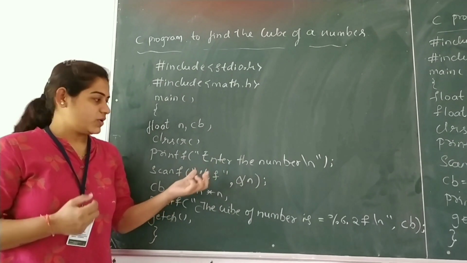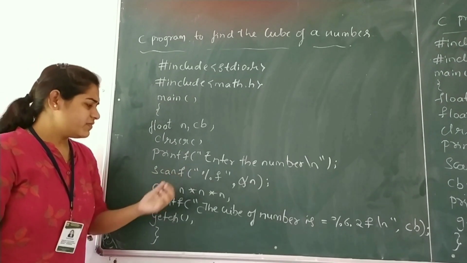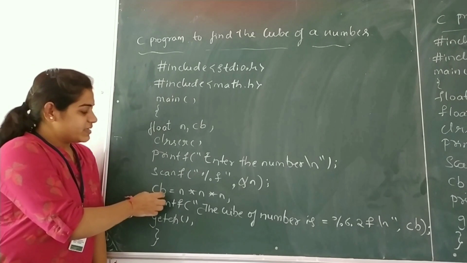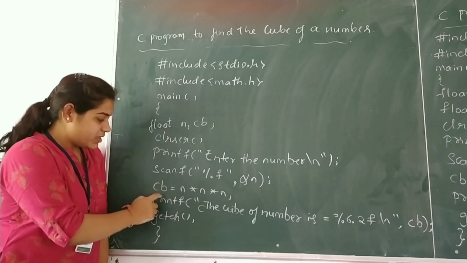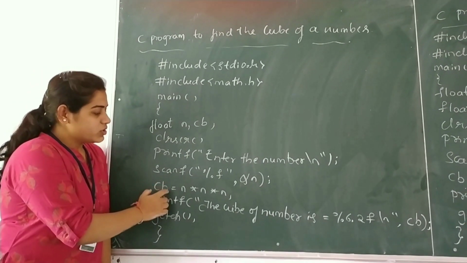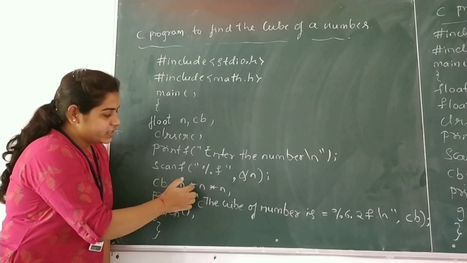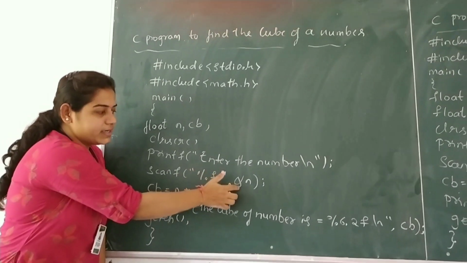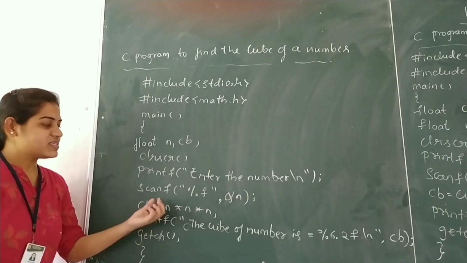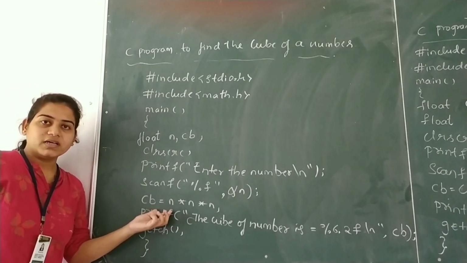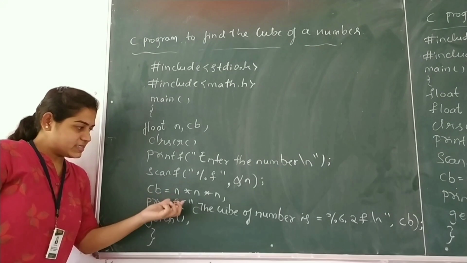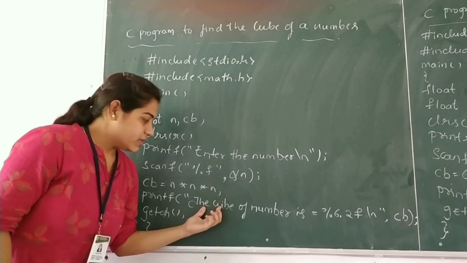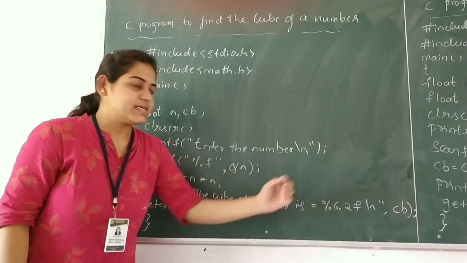Then we give that number, and here is the calculation, cb, the variable in which our answer is going to be stored. The process is n into n into n, which gives the cube of the entered number. So this is one simple program to find the cube of a number. After the calculation, it prints the cube of the number, that is cb.